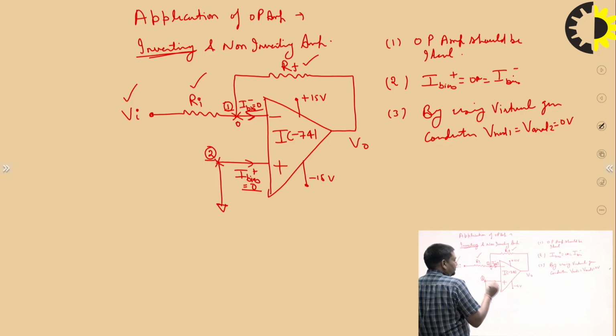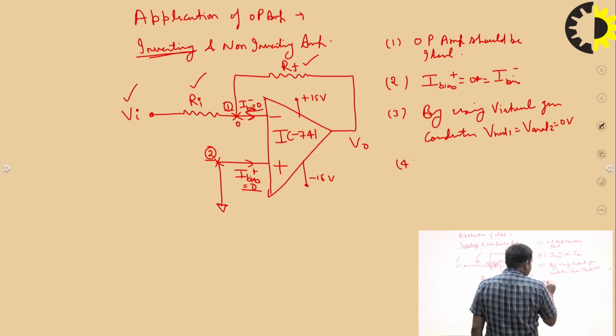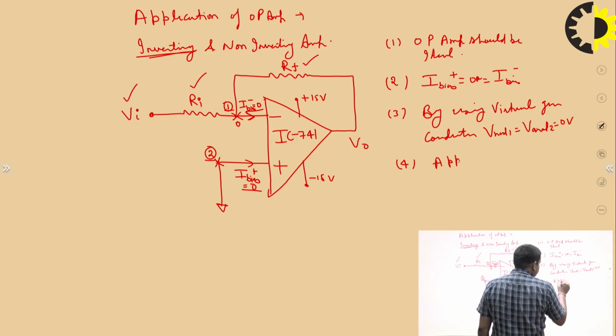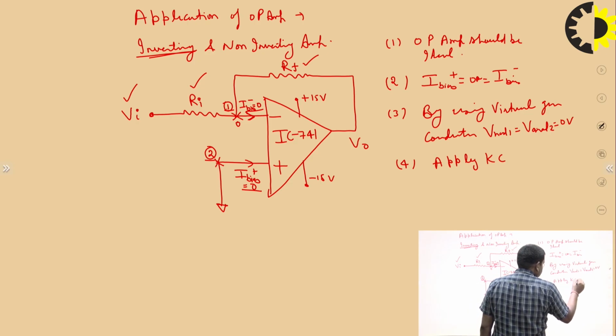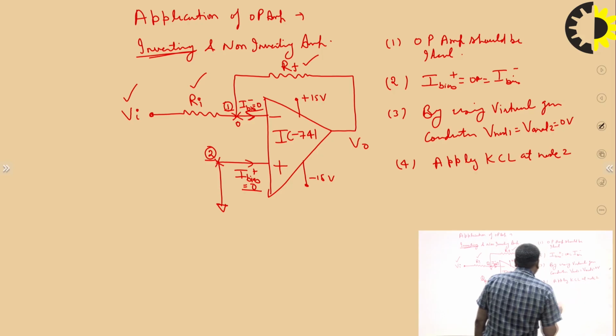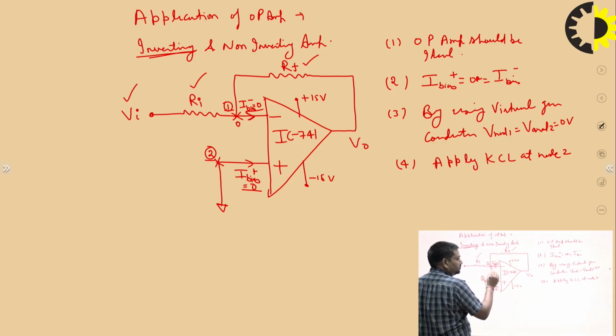The fourth step is to apply KCL at node 1.